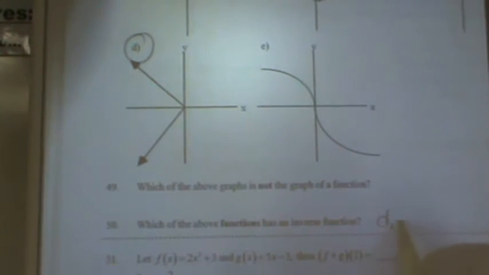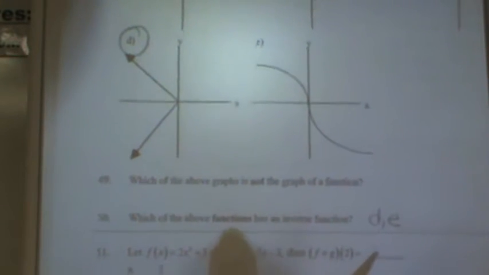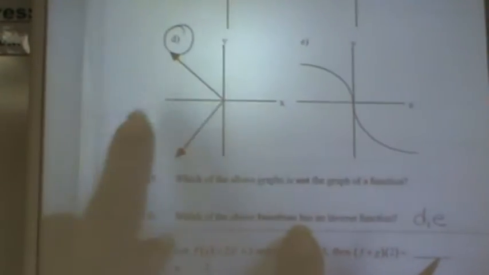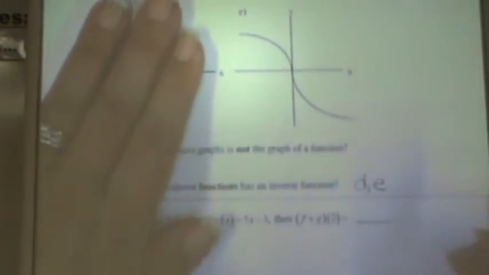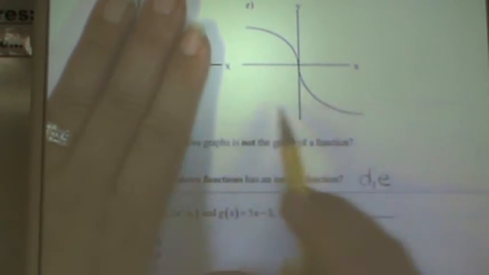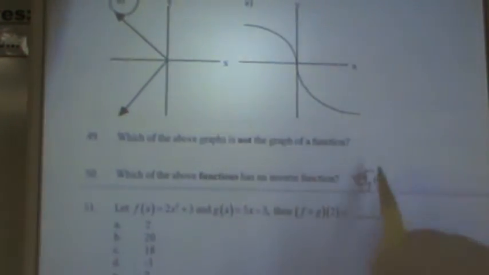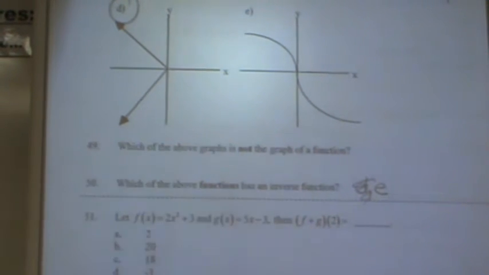I would say D and E. But if you look at this carefully, it says which of the above functions, so D technically is not a function, so really the only function that has an inverse would be E. This is a function that passes the horizontal line test, so really we wouldn't include D. But D does have an inverse that would be a function.